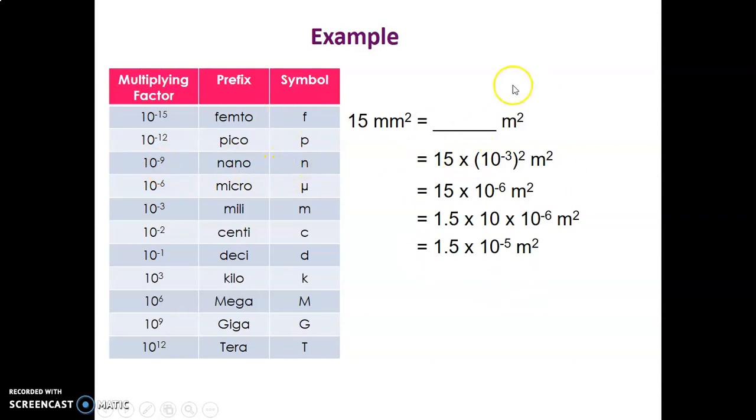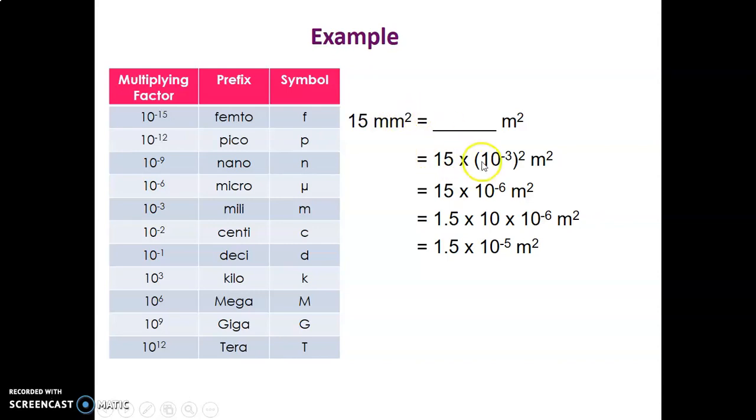So what you should do with this problem is write down the numbers that are given. So you have the prefix and also the unit. We have a power here, power 2. So you have to raise the prefix to the power of 2 and also the meter to the power of 2.